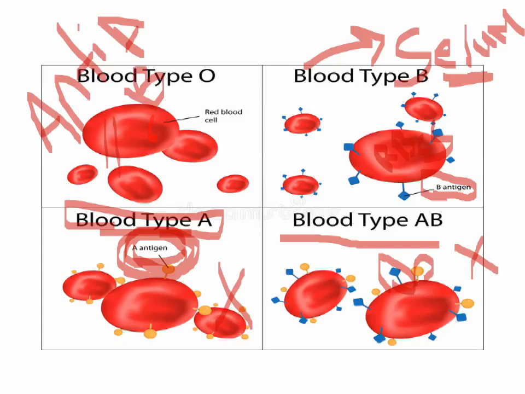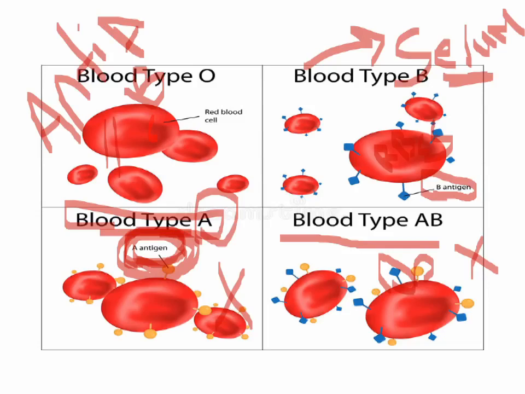So here, to avoid any confusion, you know the name of the blood type from the antigens which are expressed on the surface. And you know the antibodies which are opposite to the name of the blood type. Which means if you are blood type A, your serum will contain the opposite of A, which is anti-B.